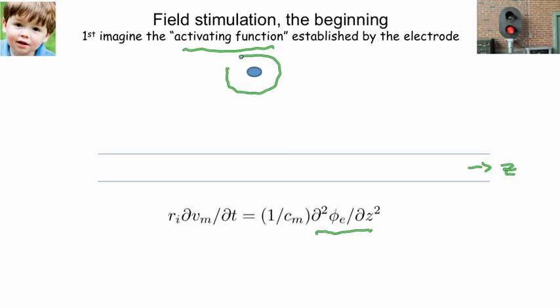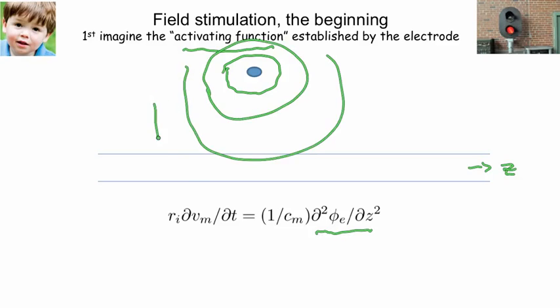I'll draw lines of constant voltage. That's the highest. This is the next highest. This is the next highest. These are all spheres, just like that. Now what this term tells us to do is it says take the second spatial derivative of this potential field along the direction of the axis.